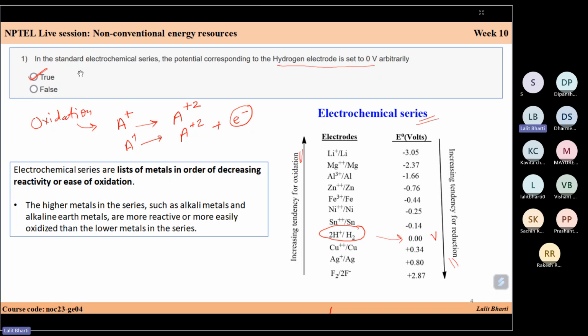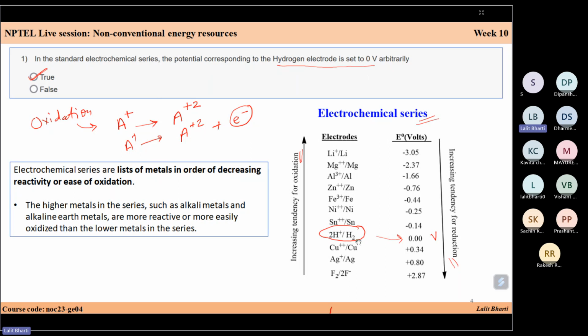So the question is, in the standard electrochemical series, the potential corresponding to the hydrogen electrode is set to zero arbitrarily. This statement is actually true. Why is it true?